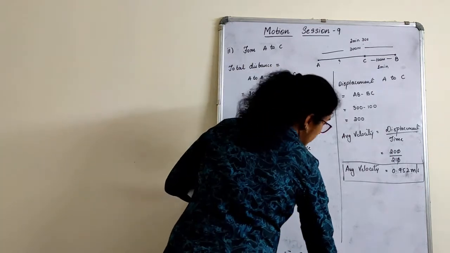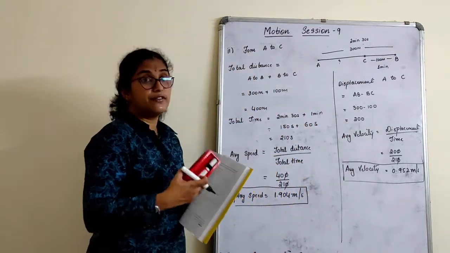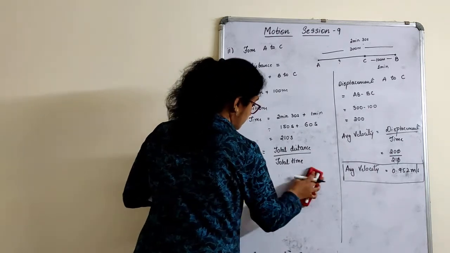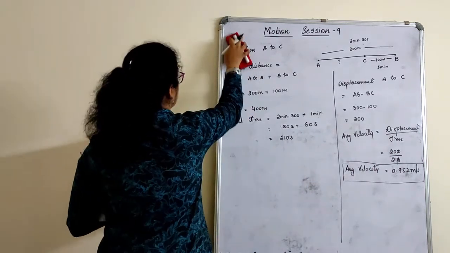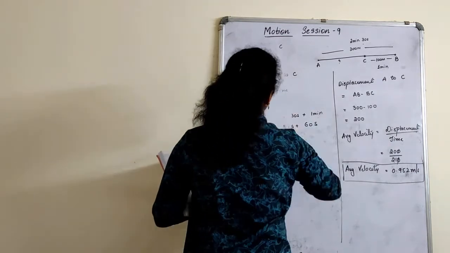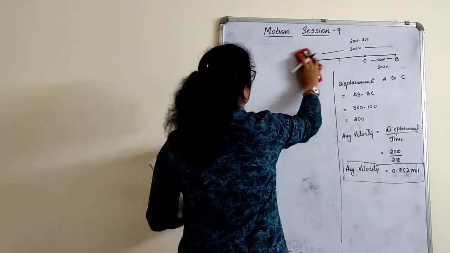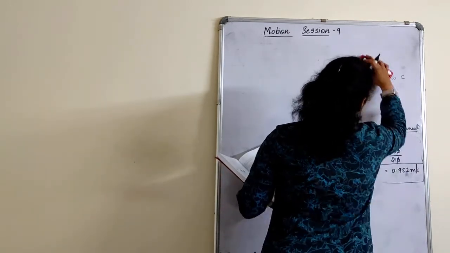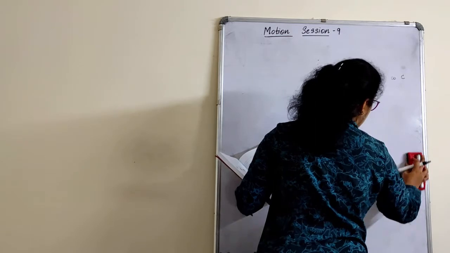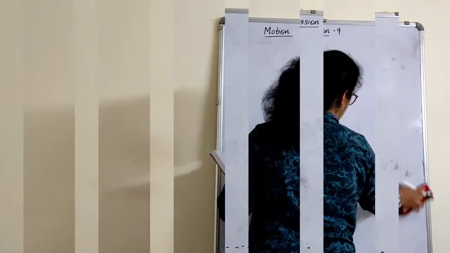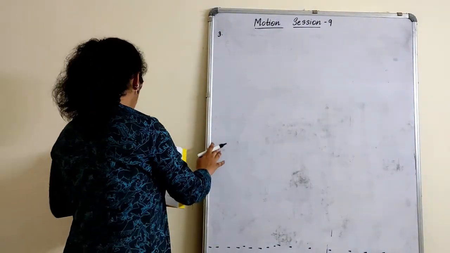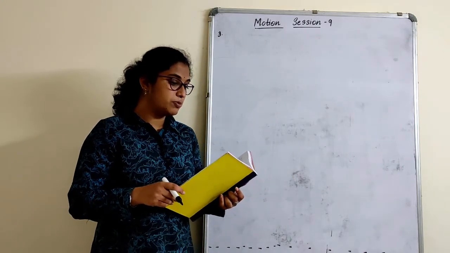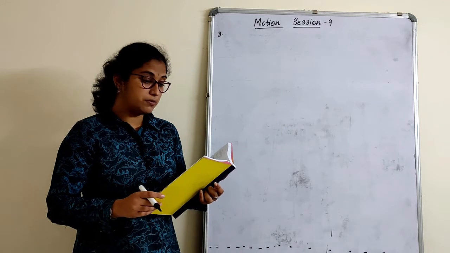The numericals here are quite different from the numericals we have already solved from the worked example. Third one. Abdul, while driving to school, finds the average speed for his trip to be 20 km per hour.